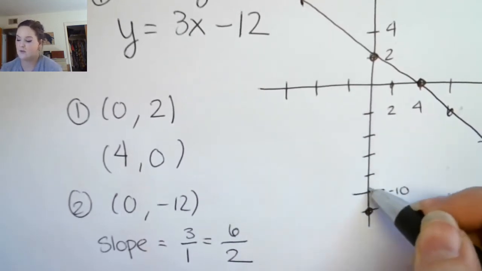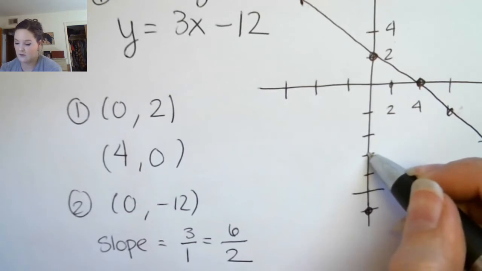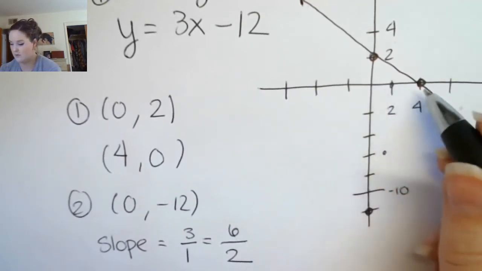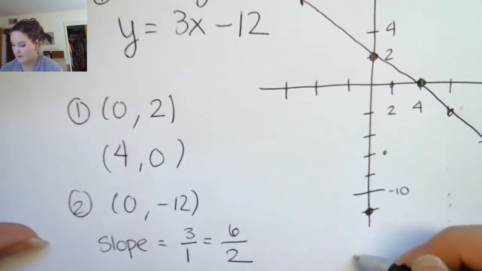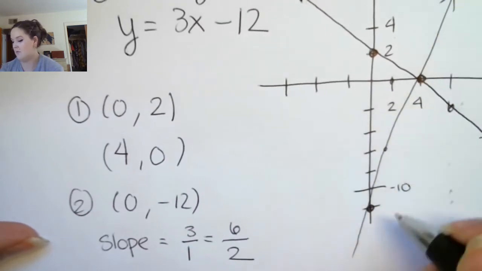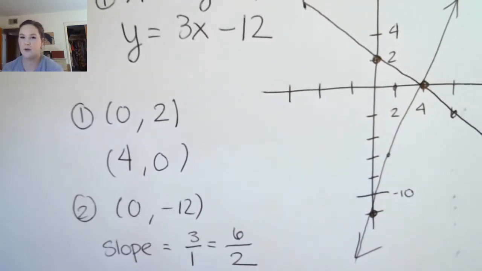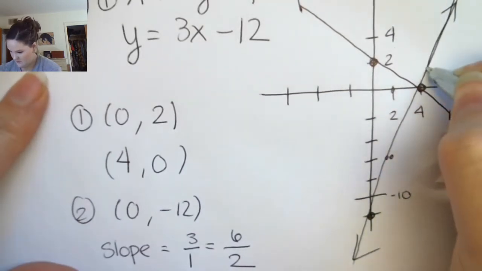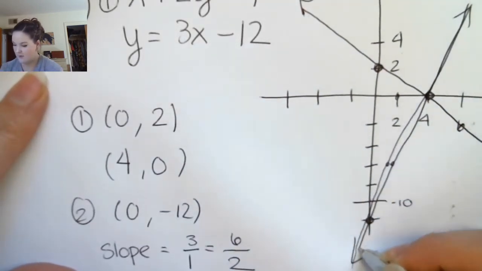Okay, so 2, 4, 6. Okay, and then over 2, 2, 4, 6 over 2. Okay, and then I'm going to draw my line. Not very straight, but should be over here a little bit more. There we go.